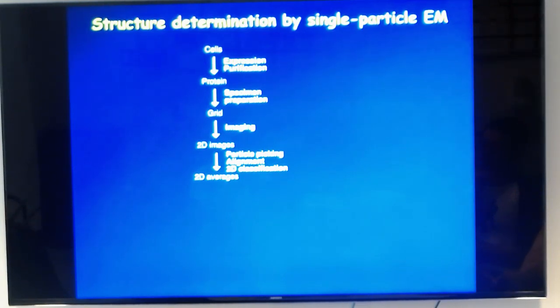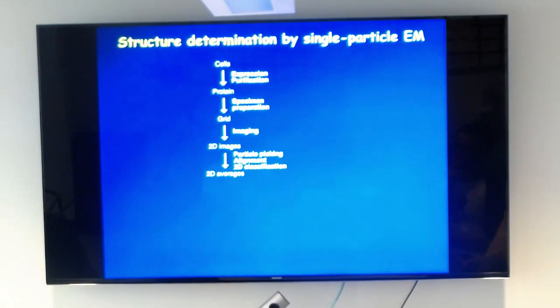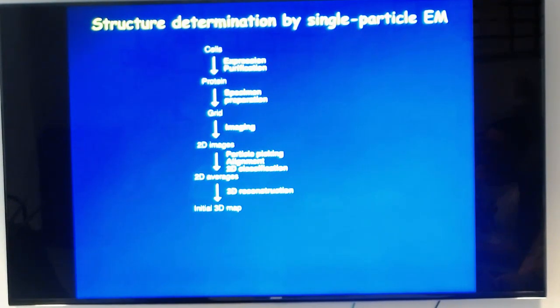Once you have these 2D averages, the next step is to calculate your first initial 3D density map. That used to be, again, a fairly tricky endeavor, because you had to work with this very noisy data, and it wasn't easy to get a reliable initial 3D model. But you tried your best, and you got your initial density map, and it's pretty crummy because you basically just guess what the rotation parameters are.